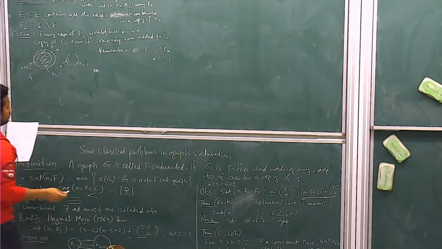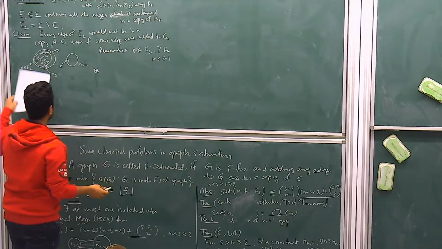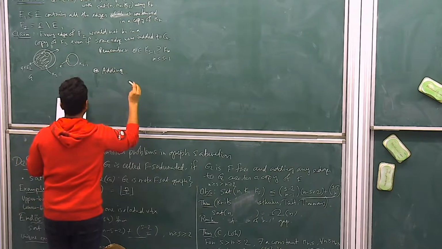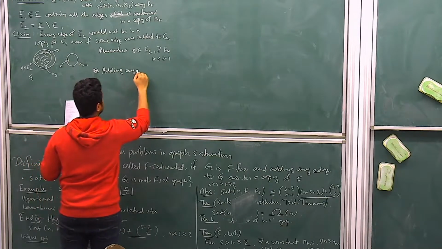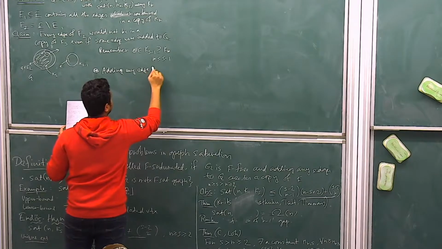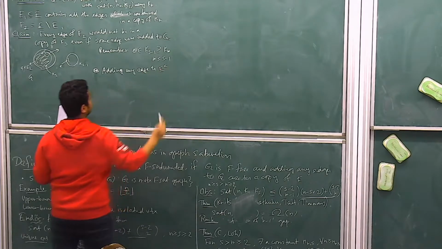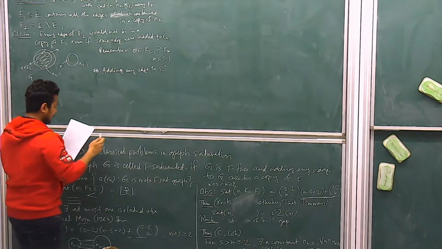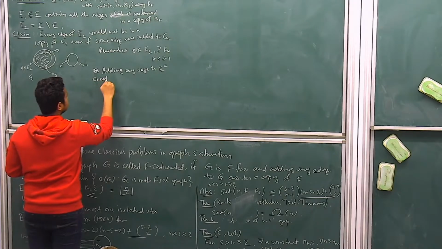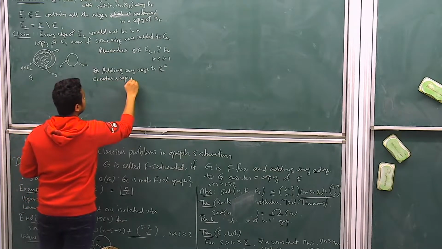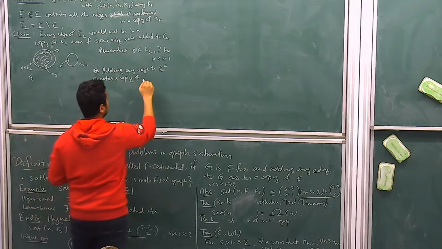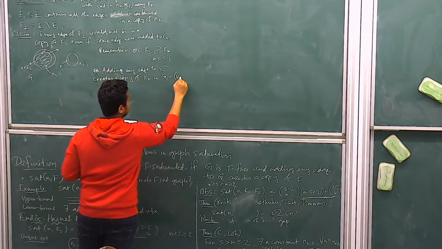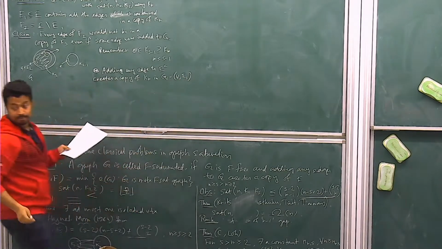A very simple consequence of this is that adding any edge in E complement, basically you are adding some edge which is not present in G, creates a copy of Ks in G1, where G1 is (V, E1).